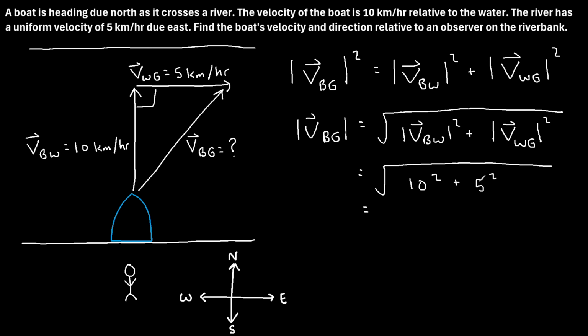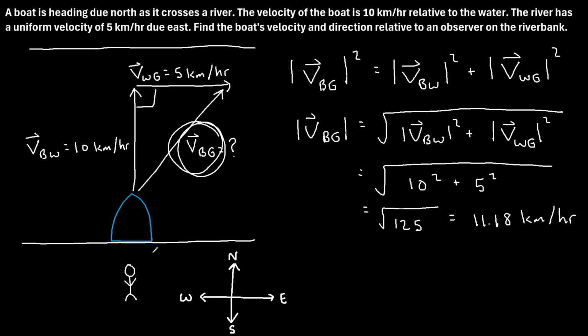So 100 plus 25, that's the square root of 125. And that turns out to be about 11.18, and we'll say kilometers per hour since we're talking about velocity. So this velocity of the boat relative to the ground, so relative to this observer's point of view, is 11.18 kilometers per hour. So let's go ahead and box that in.